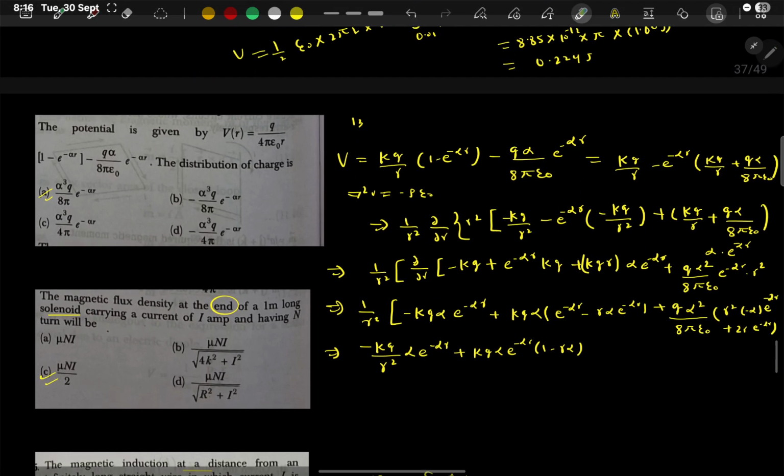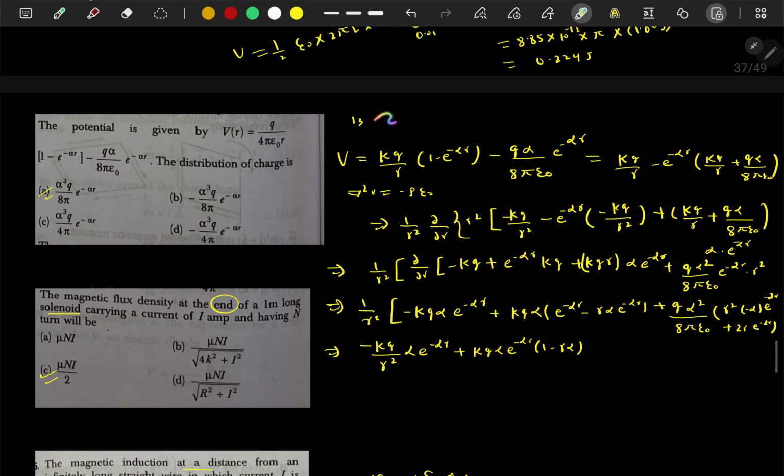Now this is also a question, how will you solve it? Del squared V equal to minus rho upon epsilon. Let's understand the concept. From here you can calculate V by double integrating with respect to r.